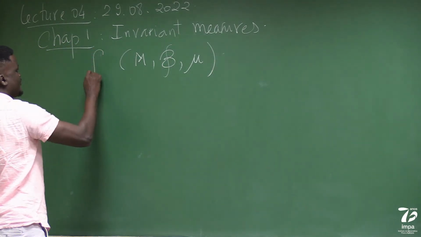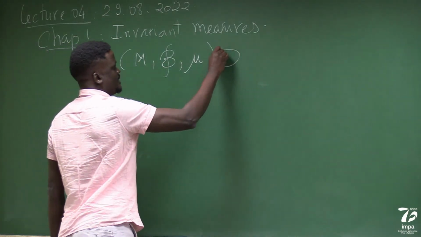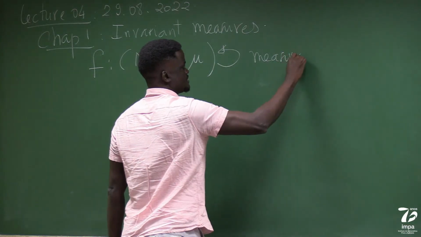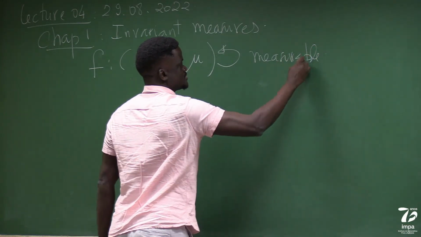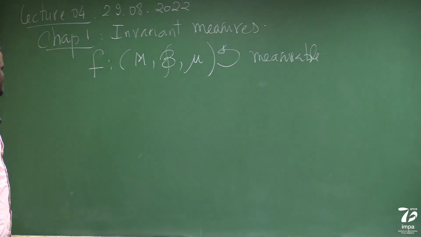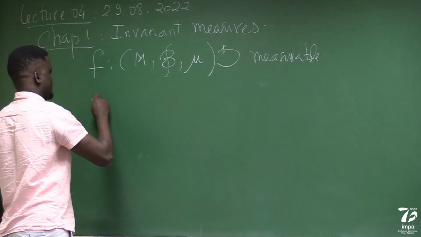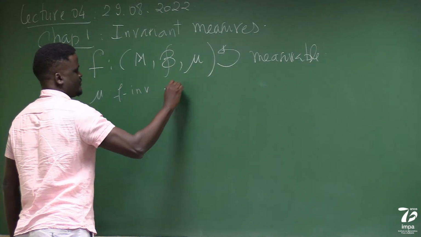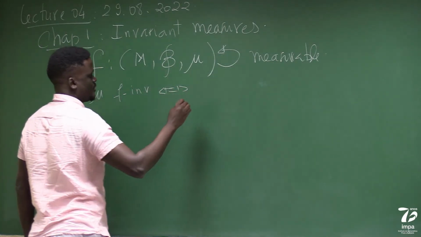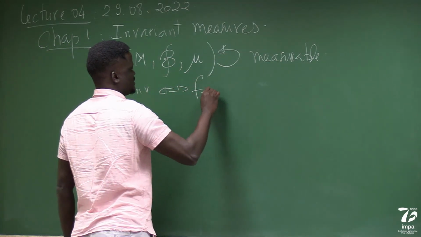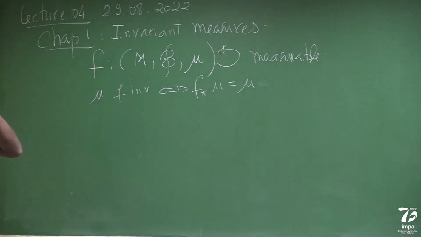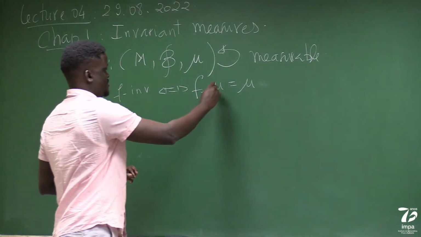We have F that is measurable, at least. This is the least requirement we have. And remember, we define that mu is F invariant if and only if F star mu equals mu. F star is a push-forward operator that acts on the space of measures.